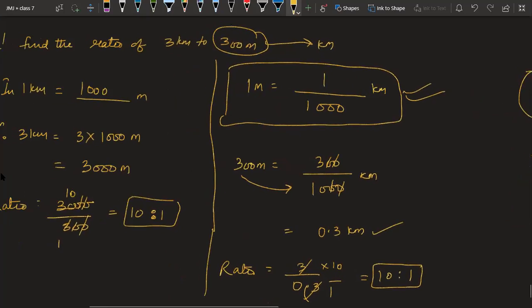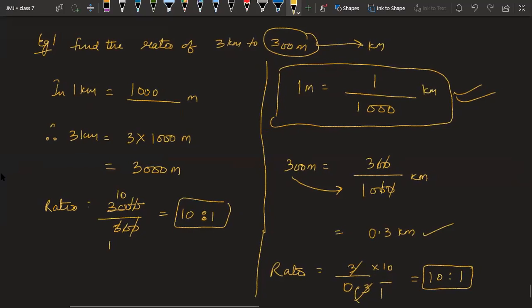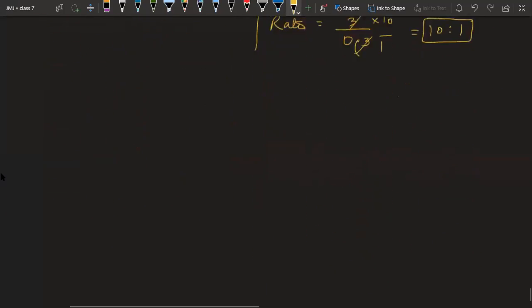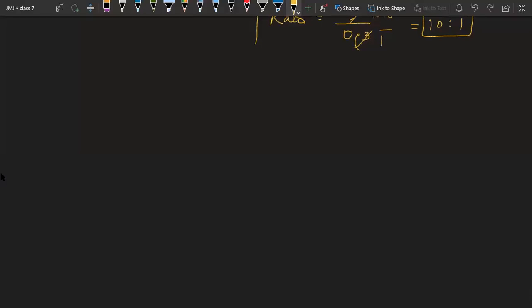This was the first question, the first example. Now let's see the second concept. This was the finding ratio concept that we have seen. Second concept is equivalent ratio that we have already learned, class, if you remember. You remember, class, in chapter number 9 we have done this concept.